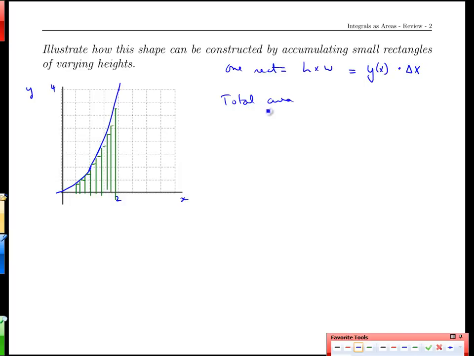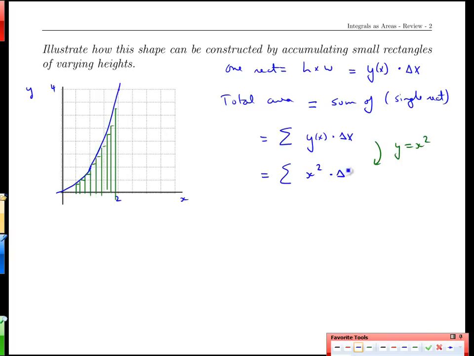So the total area is the sum of the single rectangles. And for those who have seen summation notation, it jumps pretty quickly to adding up all the y values at a certain x coordinate times delta x, or knowing what we know about our function that y is given by x squared, we can say this is x squared times delta x.